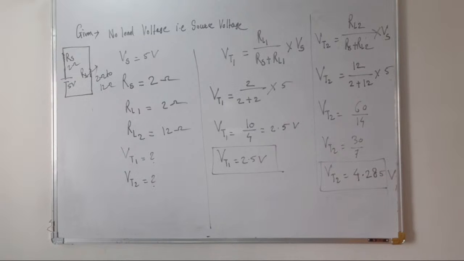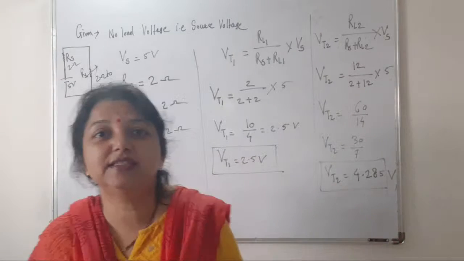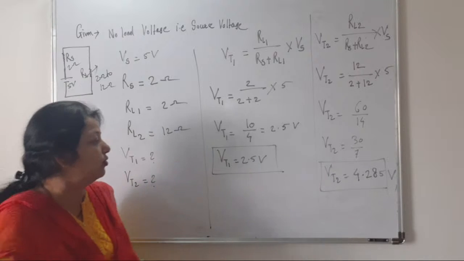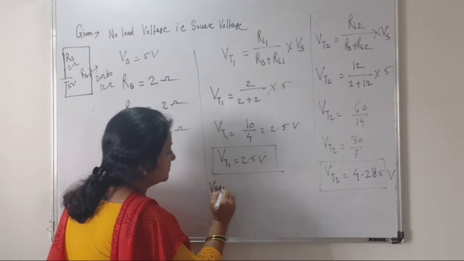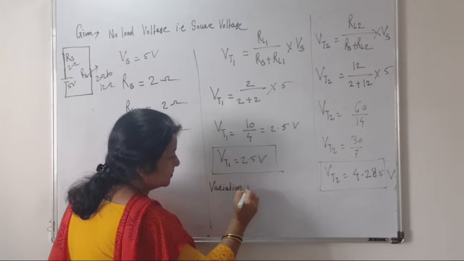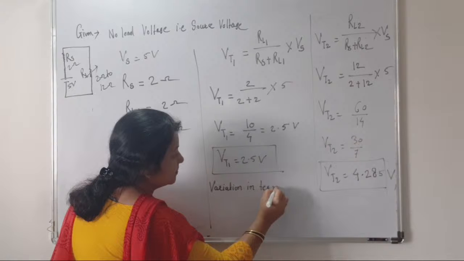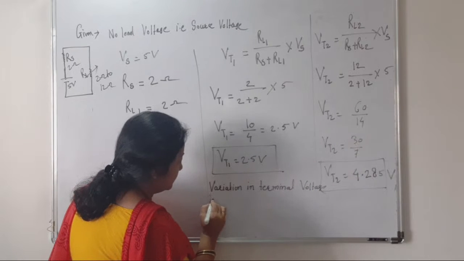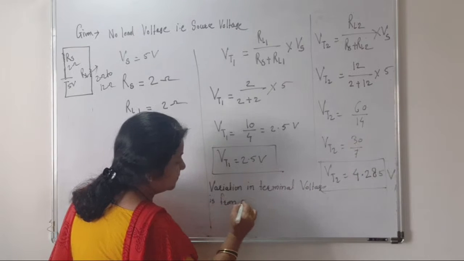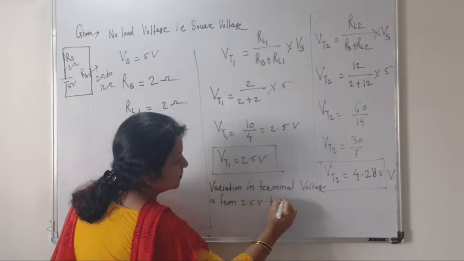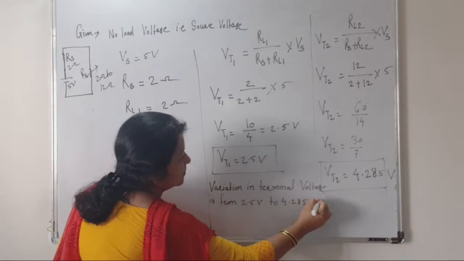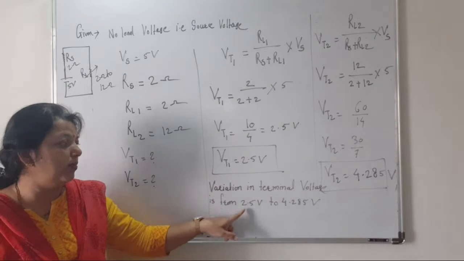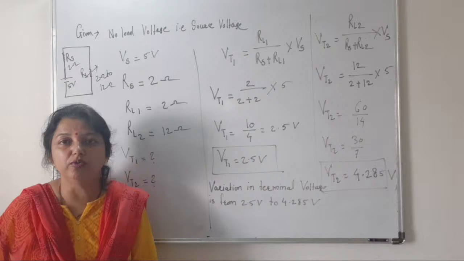So write down the answer in words: the variation in terminal voltage is from 2.5 volt to 4.285 volt.